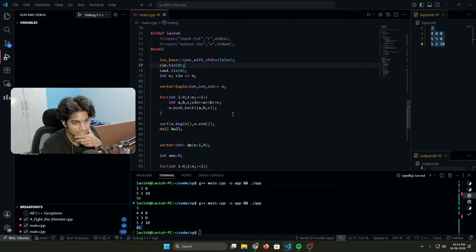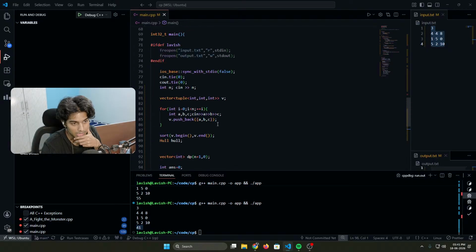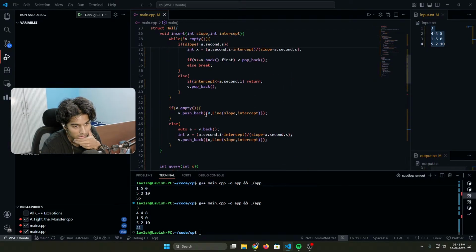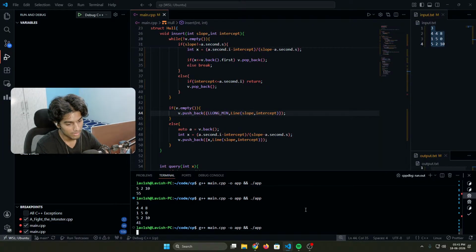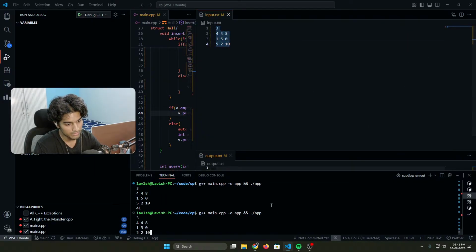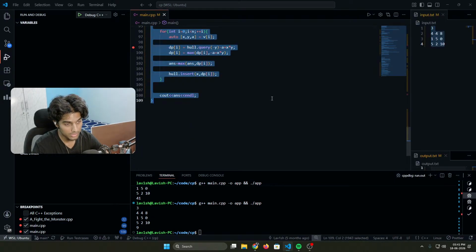So if query is negative, then we should probably assign, yeah, so this is 0. Let's go with long min. Yeah. Now this is correct. I hope this works now.